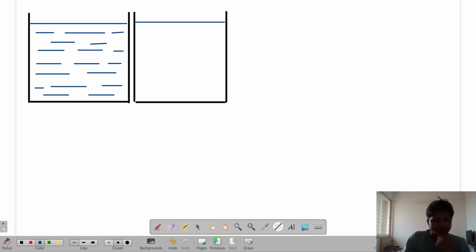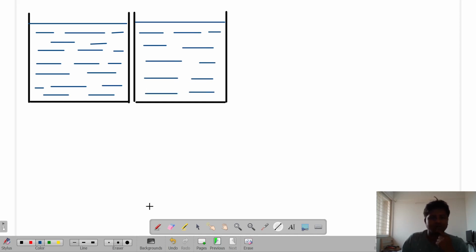So the stone will go down definitely. We know that. Then should the water level increase or decrease? Look over here. See this.